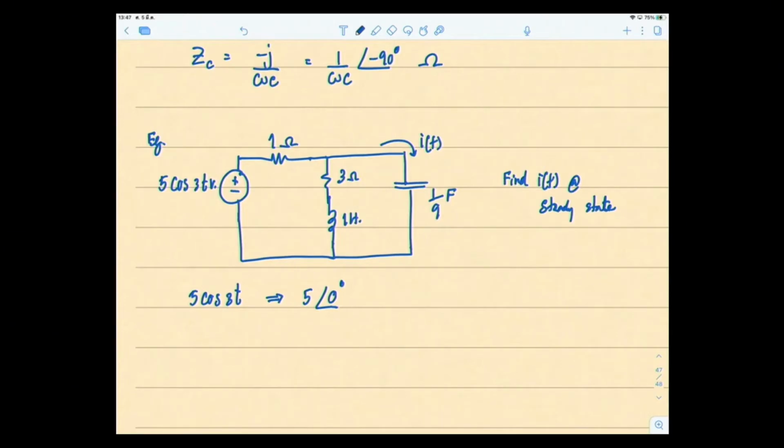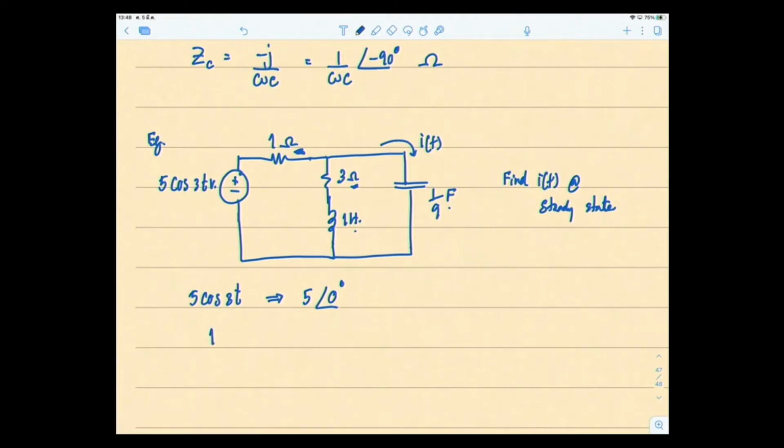The resistors stay as they are because they are already in ohms, so you don't need to convert them. So the 1 ohm and 3 ohm stay the same, but the 1 Henry and the Farad you need to change to impedance.